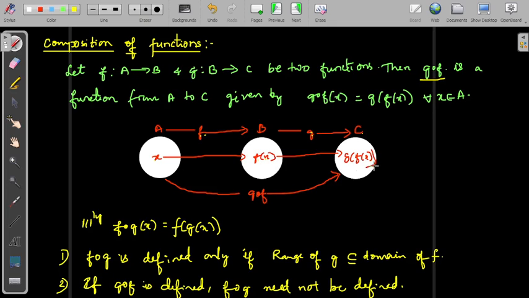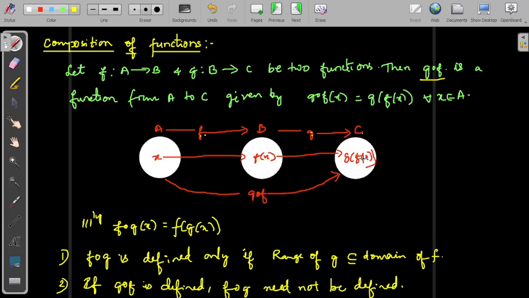So this is how the element looks in the set C. Now g composite f is a function from A to C, where g composite f takes x to g(f(x)).